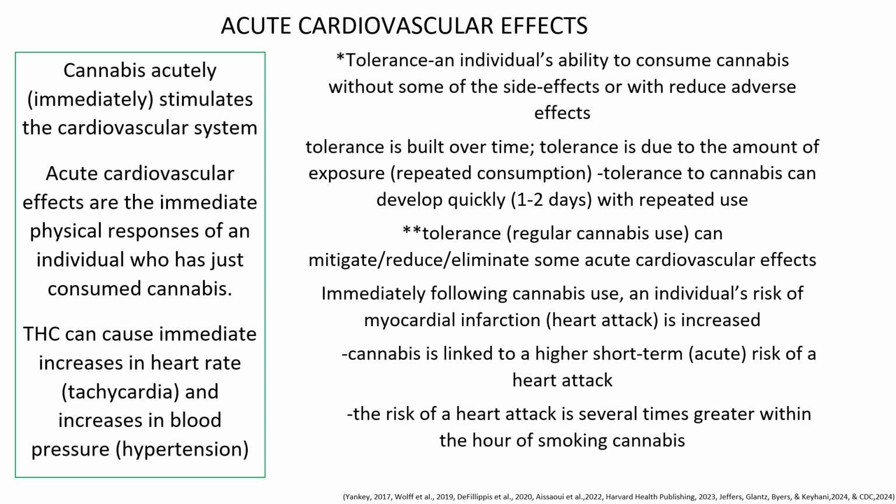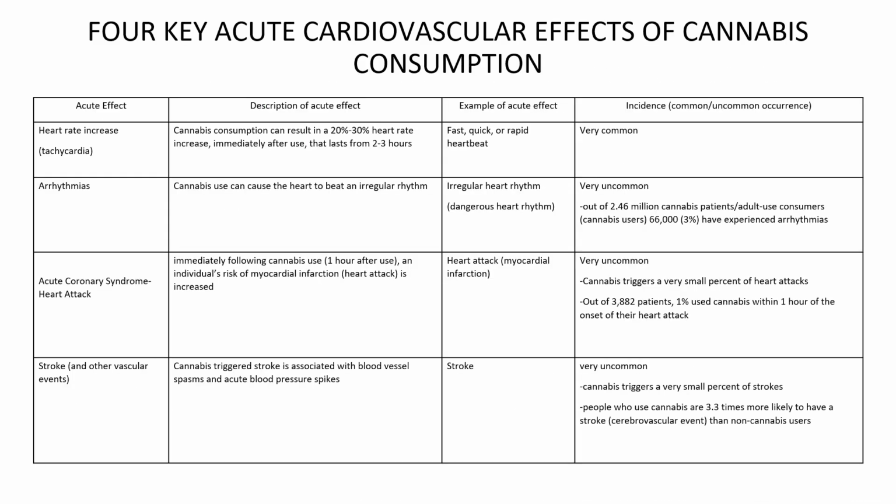Immediately following cannabis use, an individual's risk of heart attack is increased. Cannabis is linked to a higher short-term acute risk of heart attack. The risk of a heart attack is several times greater within the hour of smoking cannabis. Here are 4 key acute cardiovascular effects of cannabis consumption, and you can review this chart at your own pace.